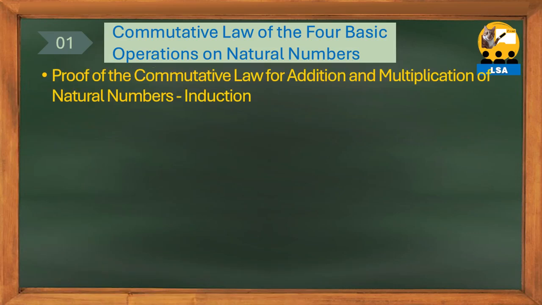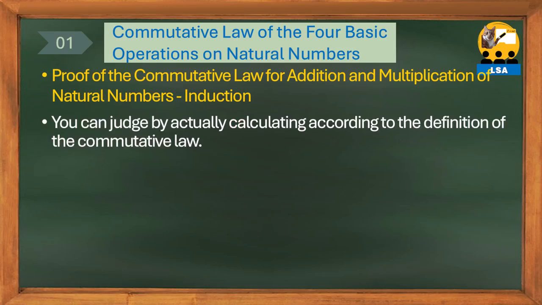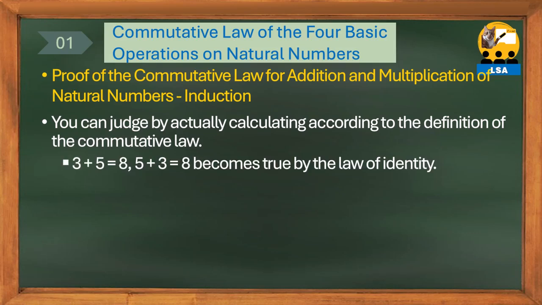The proof of the commutative law can be judged as true or false by actually calculating it directly according to the definition of the commutative law. Adding 5 to 3 and adding 3 to 5 yield the same result according to the definition of addition, so by the law of identity, which states that identical things are identical, we can see that the commutative law holds.